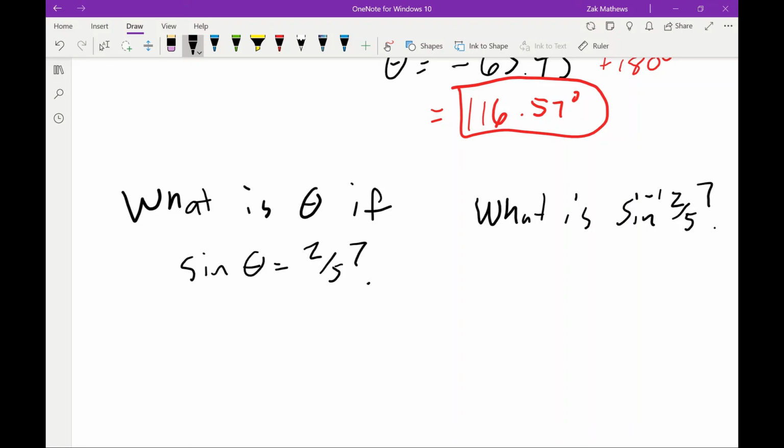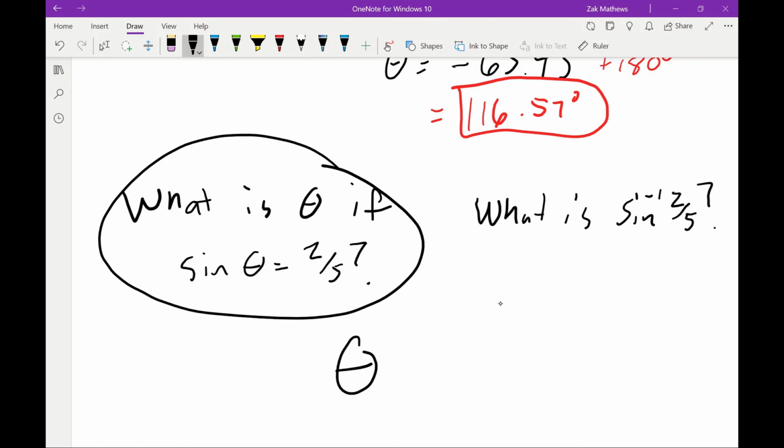Now both of these things are after the same sort of thing. They're both looking for theta. But over here on the left, this is saying any theta will work. Doesn't matter if it's a single rotation, if it's in the first or second quadrant, it is positive, so it has to be in the first or second quadrant. Versus on the right, it's saying there's only one in particular that will work.